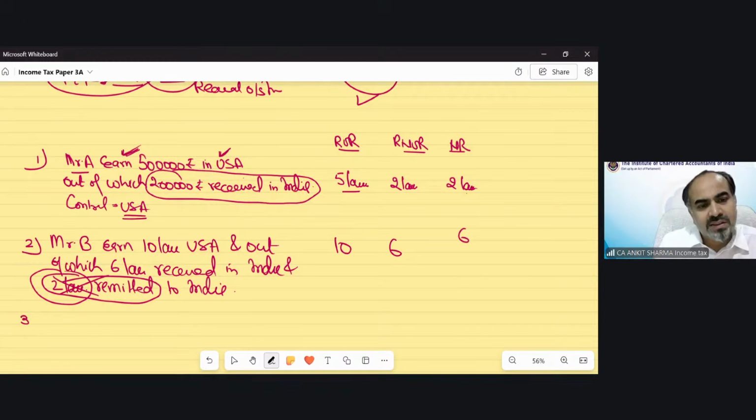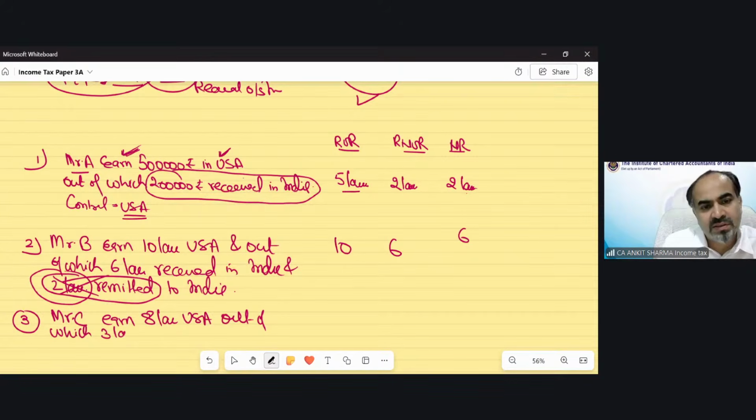Now the last example. Suppose Mr. C earns 8 lakh from USA, out of which 3 lakh is brought into India.